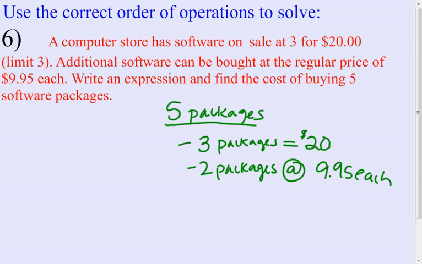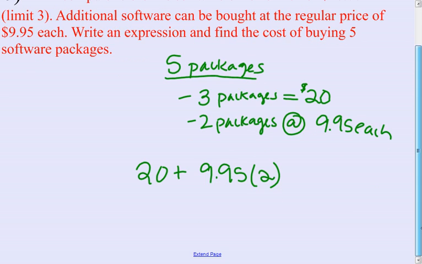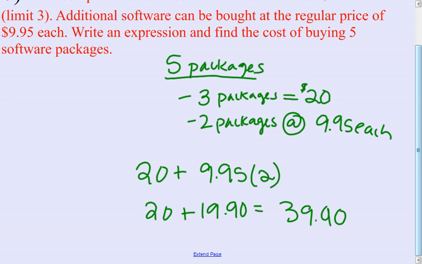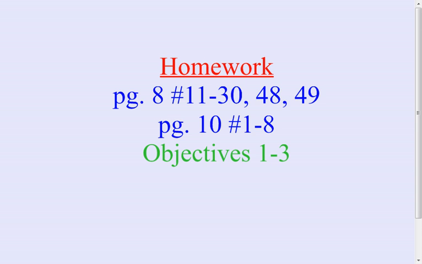So basically what's happening is you're going to have 20 plus $9.95 times 2. And if you multiply that $9.95 times 2, you'll have 20 plus $19.90, which makes $39.90. Okay? All right.